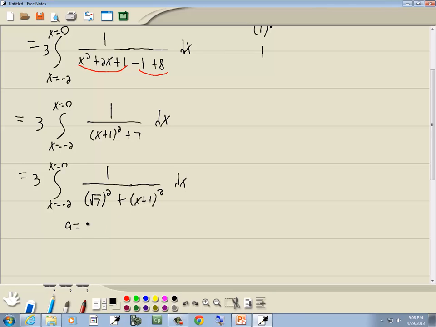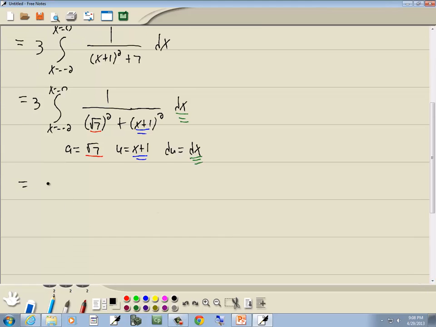So our a is going to be square root of 7, u is going to be x plus 1, du, the derivative of x plus 1 is 1 dx, or just dx. And now that's accounted for by that. So everything's accounted for.